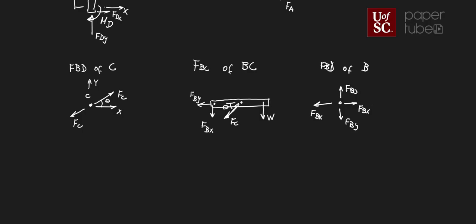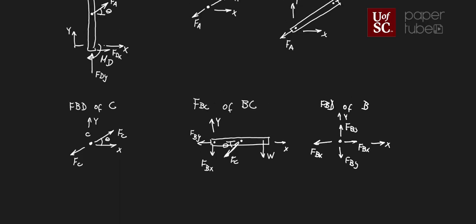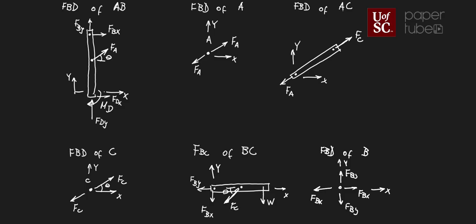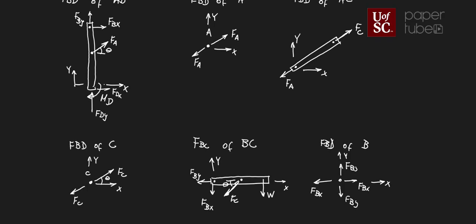Once I look at all of these free body diagrams, my key is going to be to then start looking at which of those I can start answering questions. In a nutshell, which of those have enough information and enough unknowns for me to be able to solve.